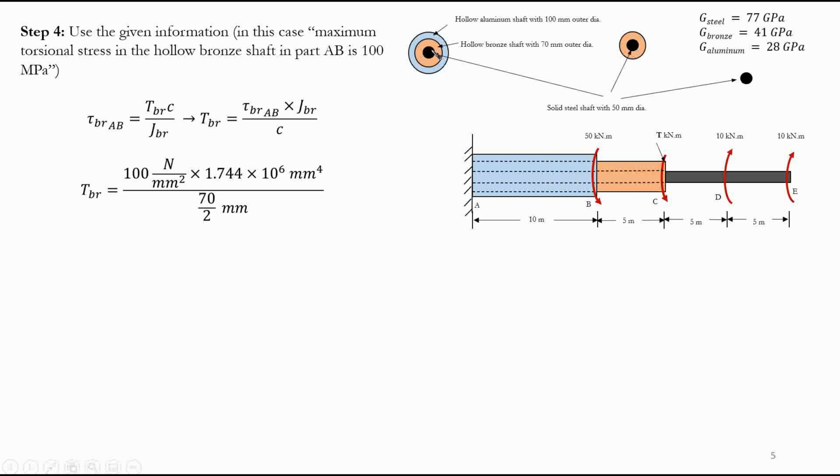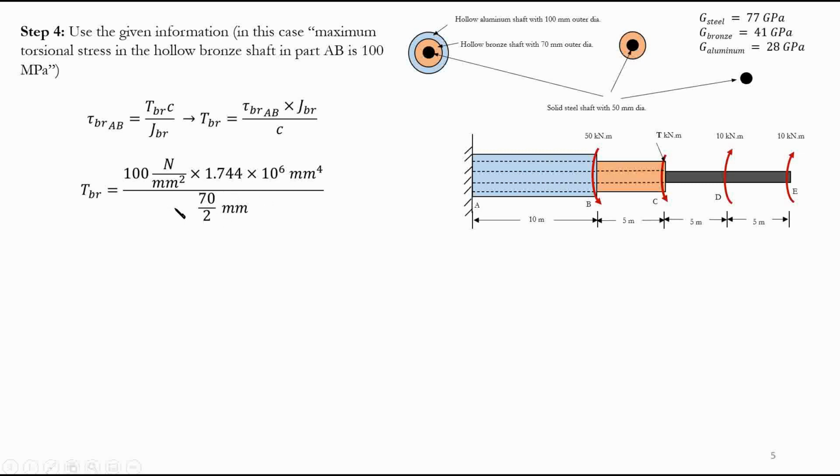For that material, in this case, I'm going to put 70 divided by 2, right? Not 50 divided by 2, not 100 divided by 2. This has all to do with the bronze material. Here in the bronze material, I have 70 divided by 2. It's basically the maximum radius, right? Diameter divided by 2. So from here, what's going to be the unit of my torque? I'm using Newton and millimeter consistently everywhere.